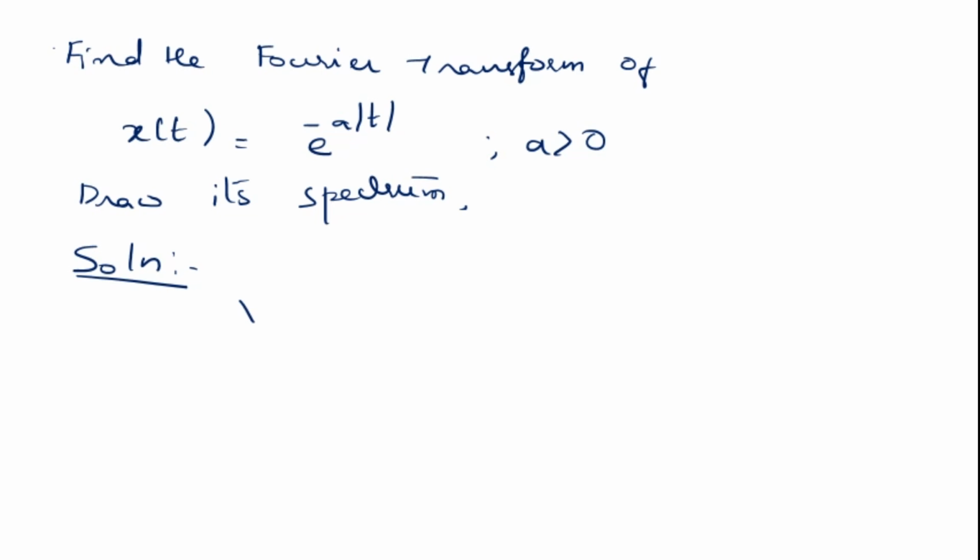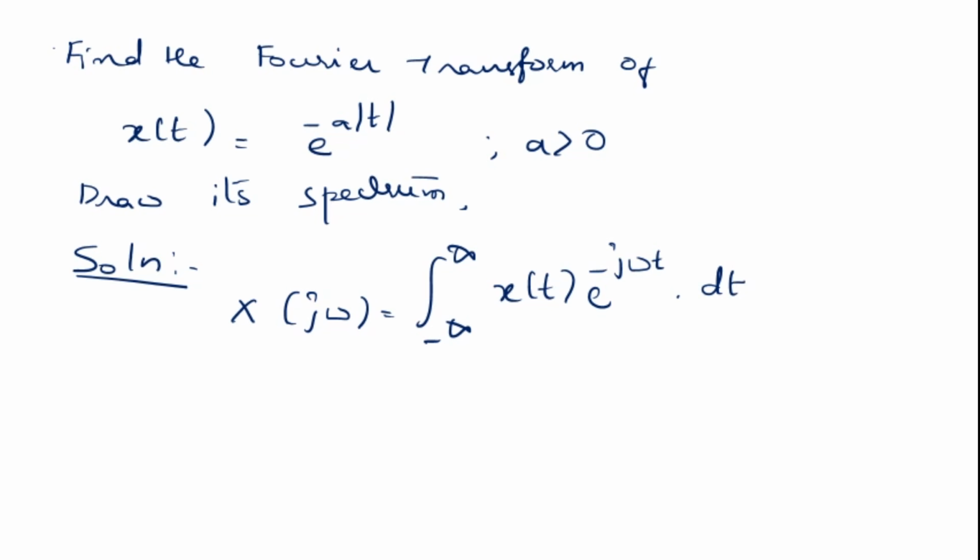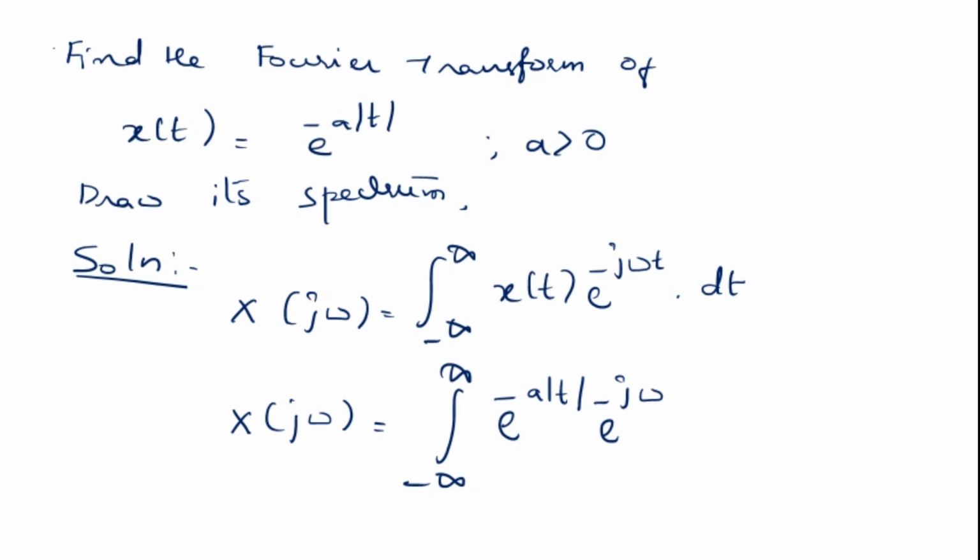So we know that x of j omega is equal to integration minus infinity to infinity x of t into e power minus j omega t into dt, or x of j omega is equal to integration minus infinity to infinity e power minus a into mod t into e power minus j omega t into dt.